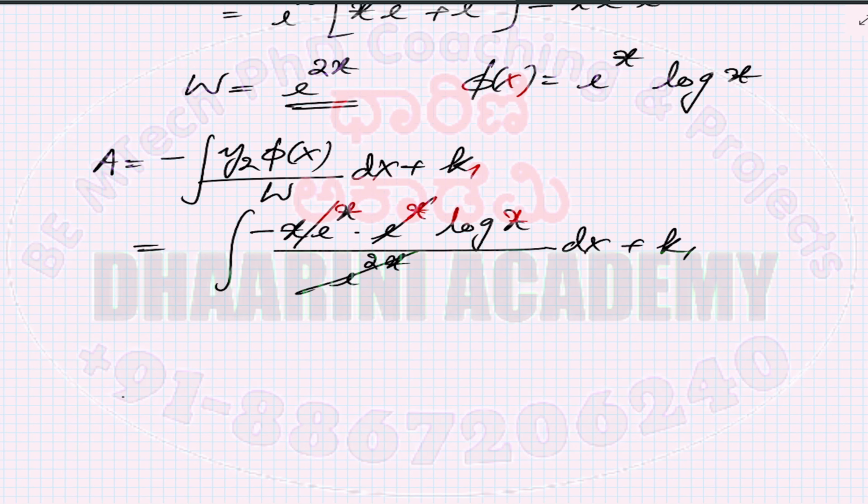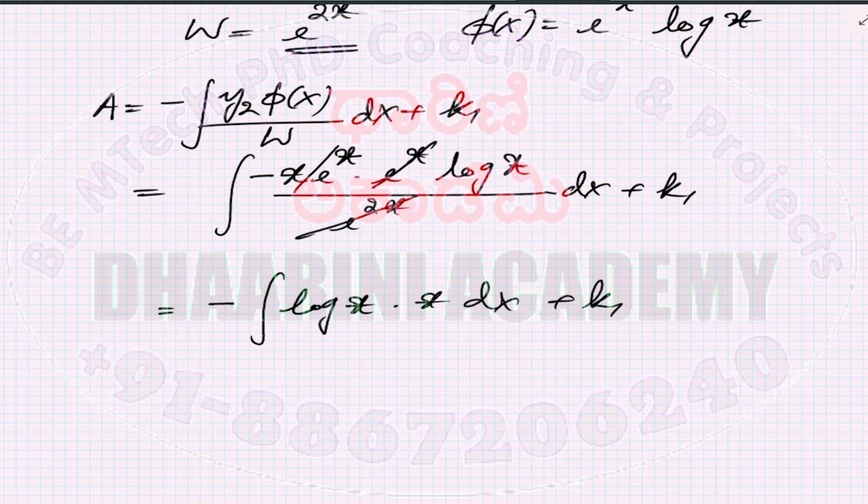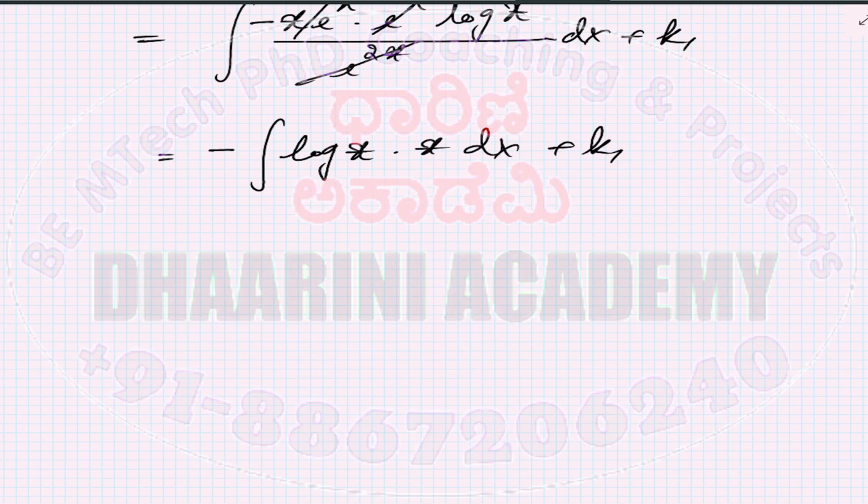Okay, so this means I am supposed to integrate minus of integral, this is log x into x dx plus k1. So the standard method to integrate a product is integrating by parts.